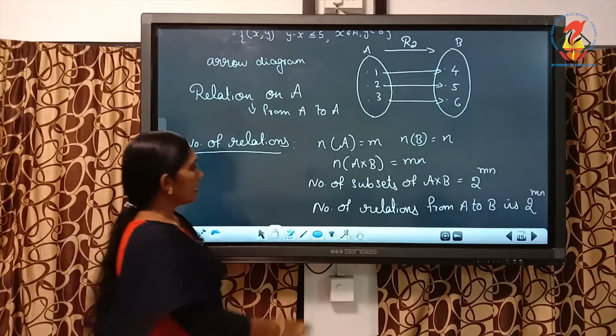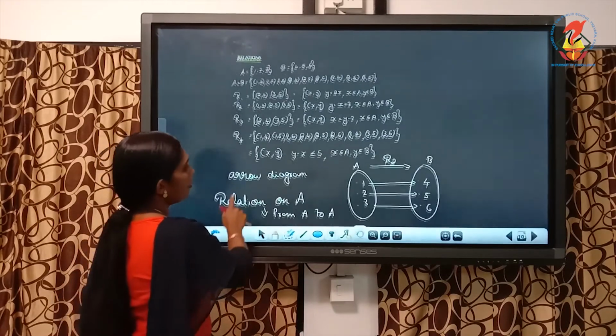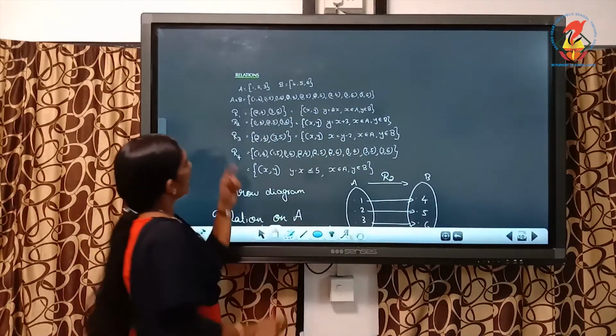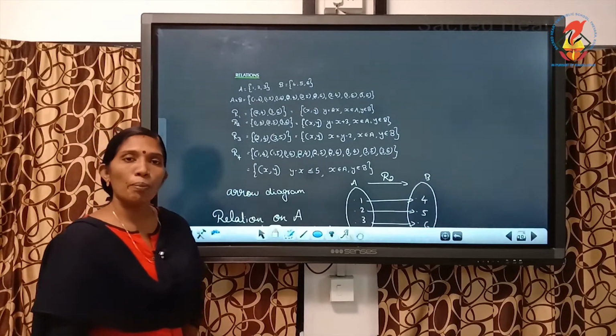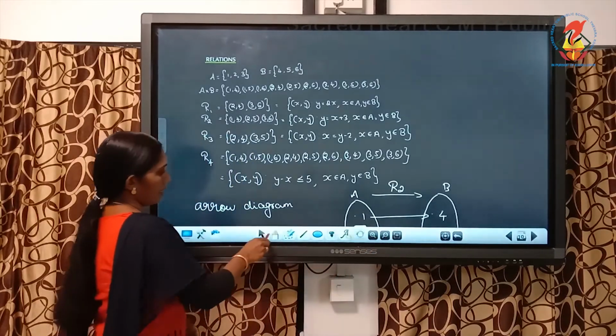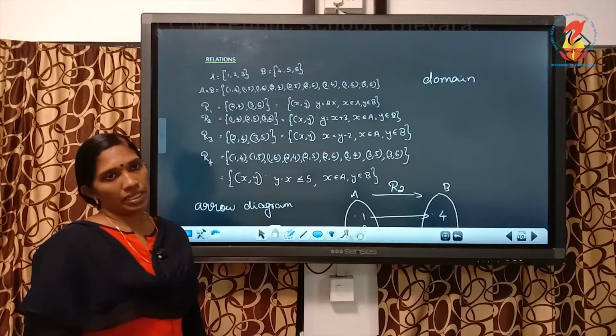Okay. Then another important thing is, so we write like this: R1, R2, R3, R4 in roster form. What is the domain and range? Domain means set of all first elements.